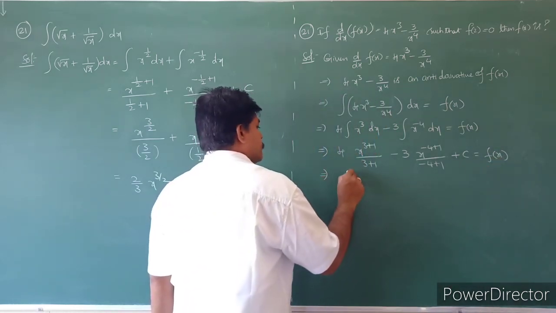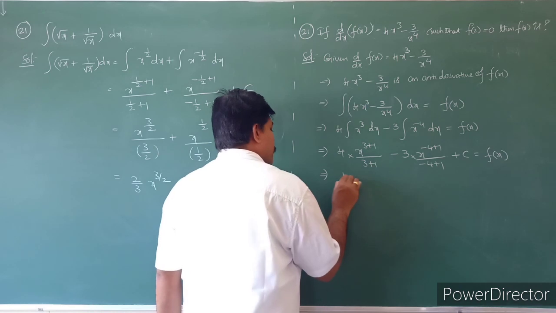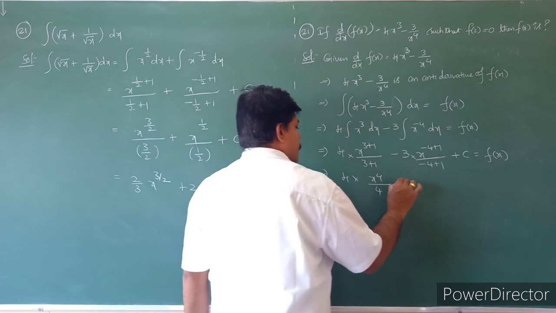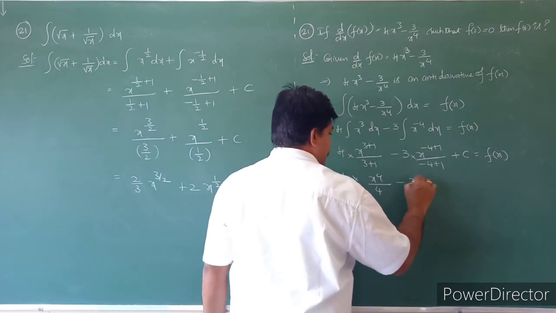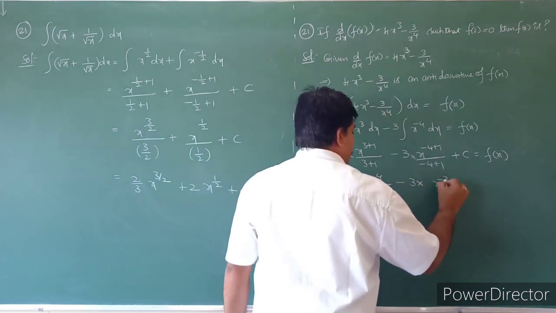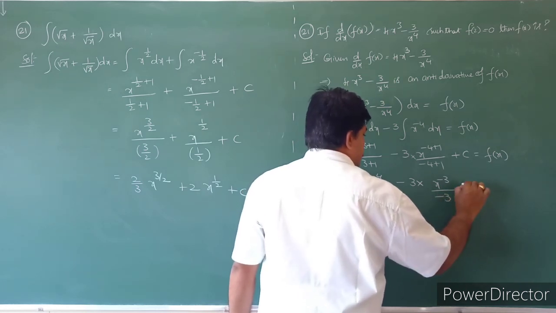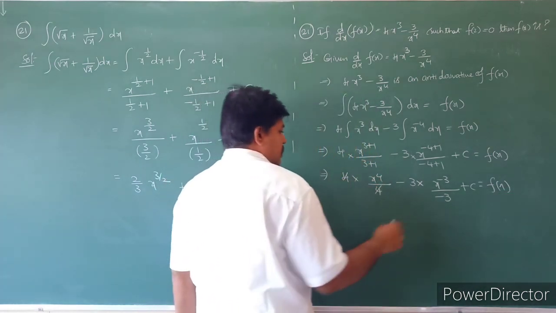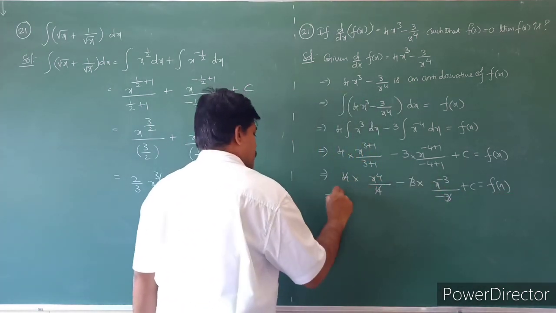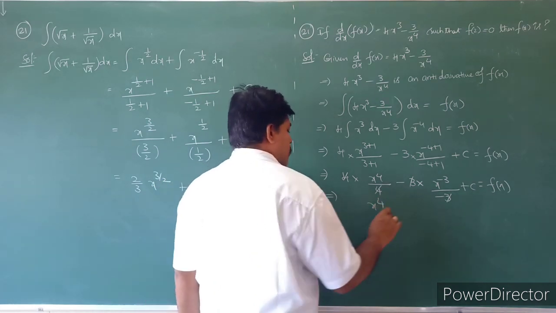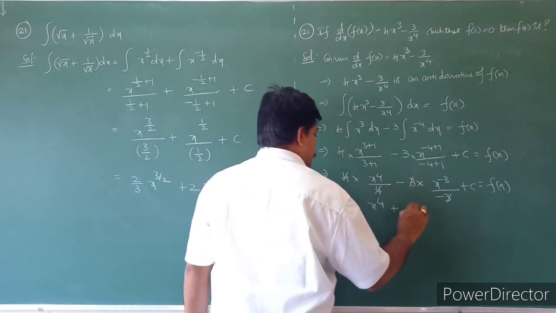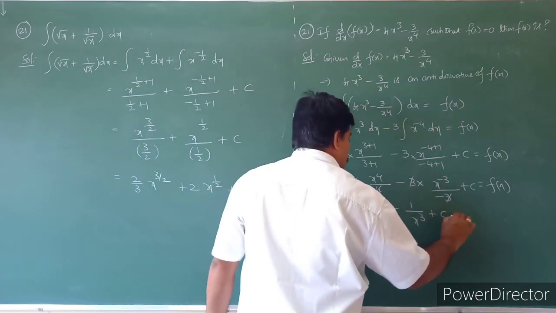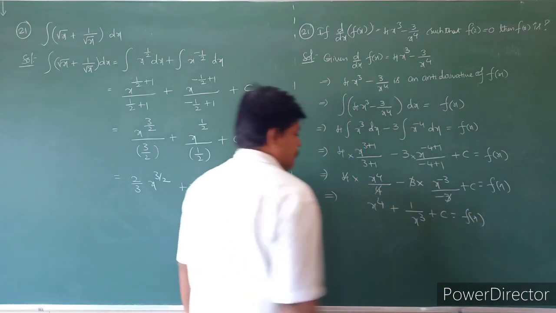That implies 4 into x power 4 by 4 minus of minus 3 into x power minus 3 by minus 3, plus c, is equal to f of x. So 4 will be cancelled and 3 will be cancelled. That implies x power 4 plus x power minus 3, which is 1 by x cube, plus c is equal to f of x.